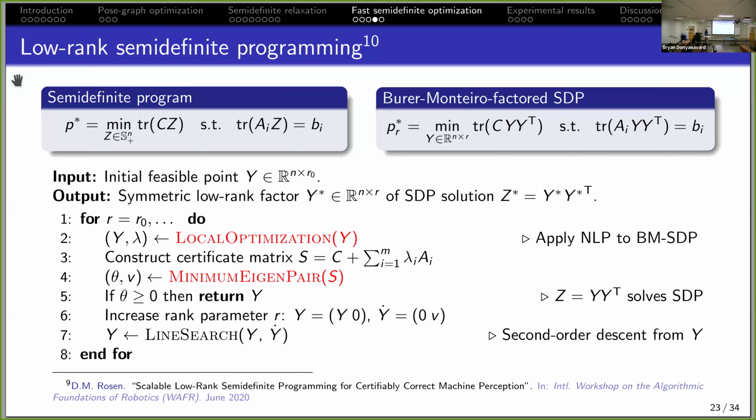But by wrapping them in this meta algorithm where I simply bump up the rank a little bit as needed, those few extra degrees of freedom give me just enough maneuvering room that I can escape from local minima and actually descend to recover globally optimal solutions, even for very, very hard machine perception problems that ordinarily would have a lot of bad local minima in them. And so 95% of the work that I'm doing looks just like the same sorts of heuristic local optimizations I'd be doing in heuristic local search-based methods. So I preserve computational speed, but I also get the benefit of provable global optimality when I'm finished, which is pretty neat.